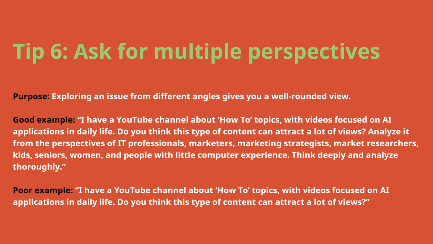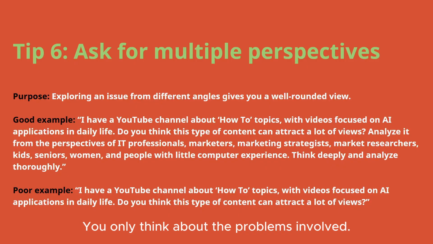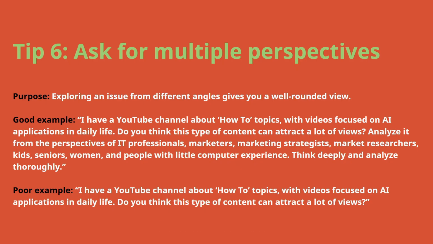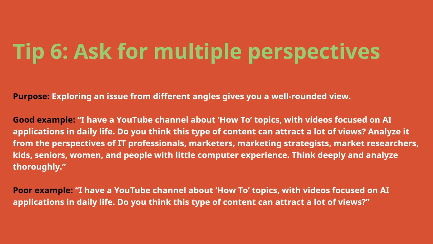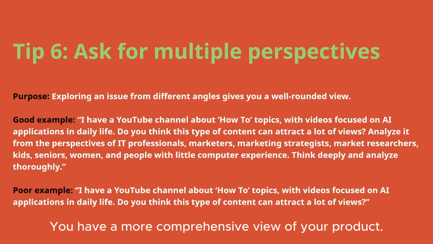You're the technologist, so you only think about the technical problems involved, without thinking about other problems related to marketing, business, managing the life cycle of the product, or human resource management. Then ask ChatGPT. ChatGPT can answer you from different angles. From there, you have a more comprehensive view of your product.